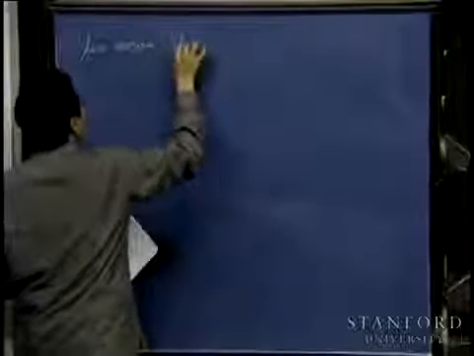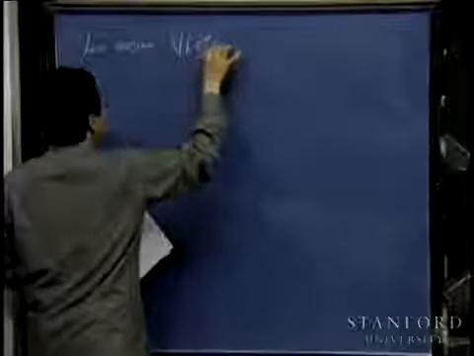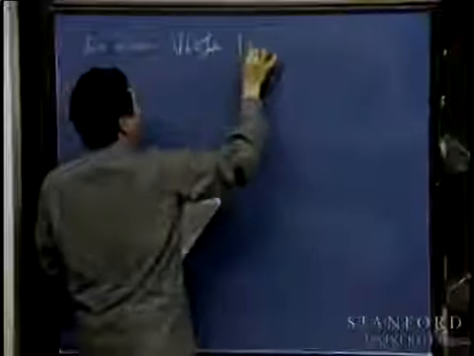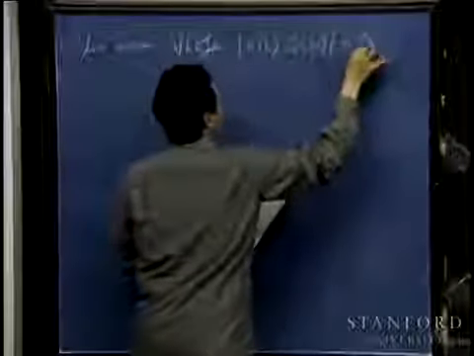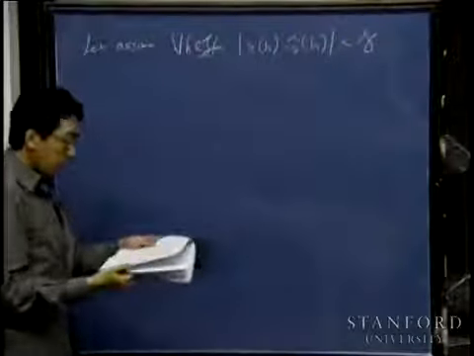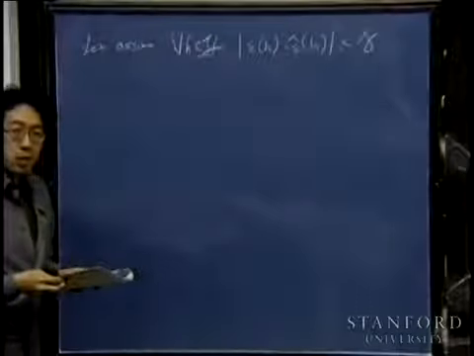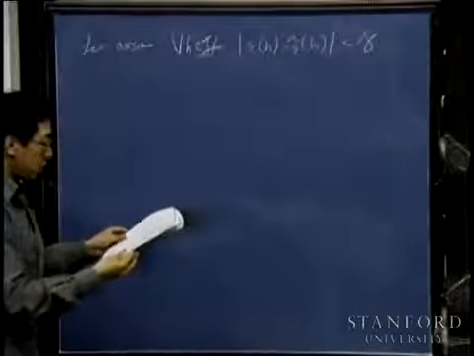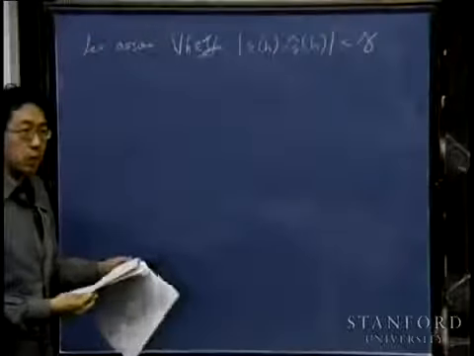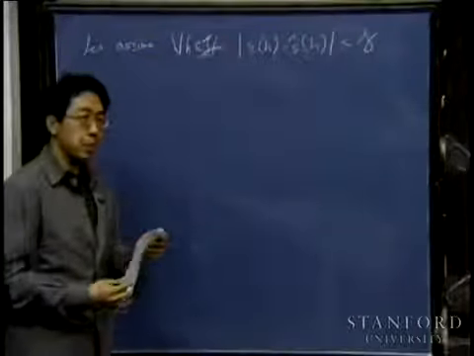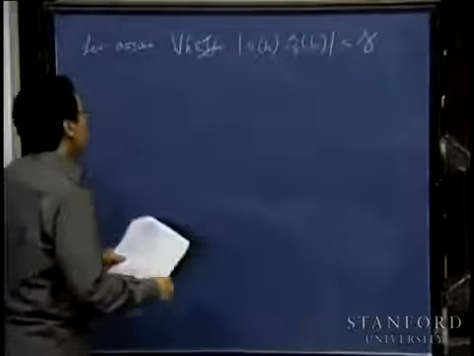So let's assume that for all hypotheses h, we have that epsilon of h minus epsilon hat of h is less than or equal to gamma. What I want to do now is use this to see what we can prove about the generalization error.